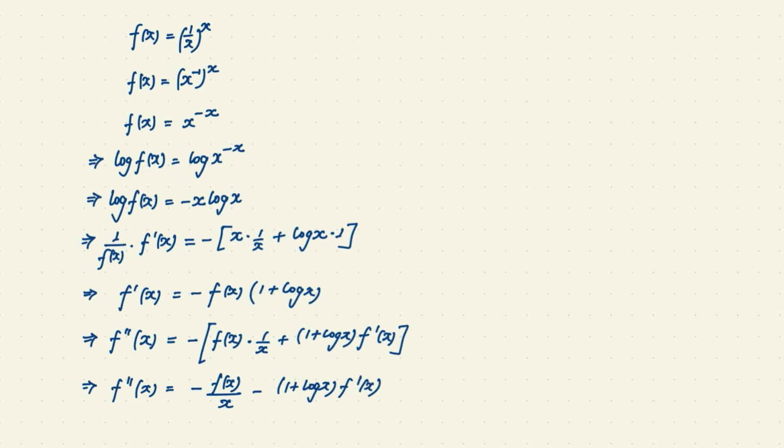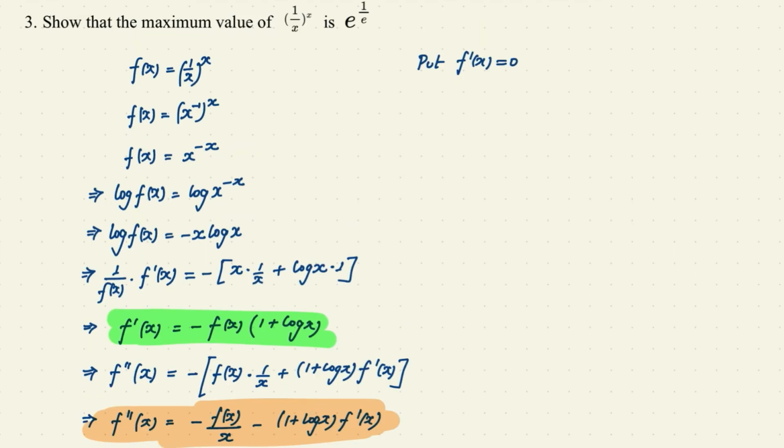So here we have got the value of f dash of x and we got the value of f double dash of x also. Now in order to find the critical point, we have to put f dash of x equal to 0. So let us put f dash of x equal to 0, then I'll have minus f of x into (1 plus log of x) equals 0.